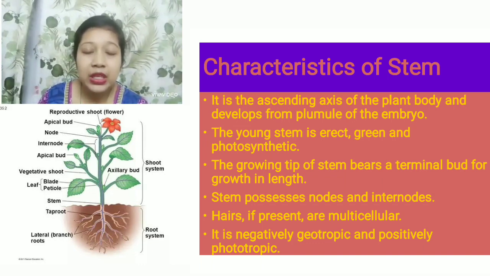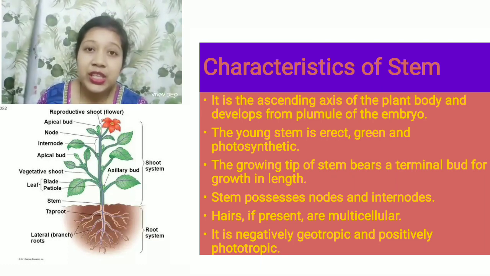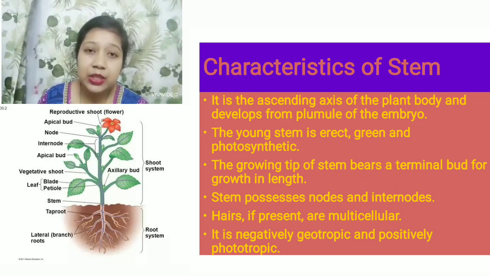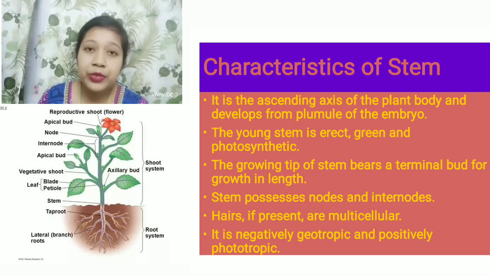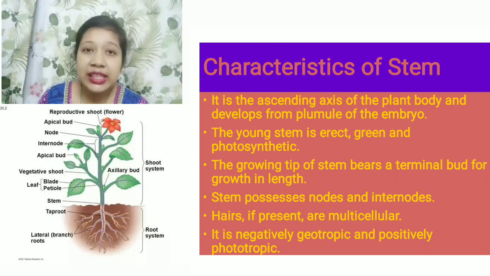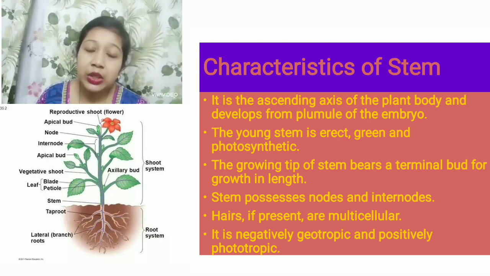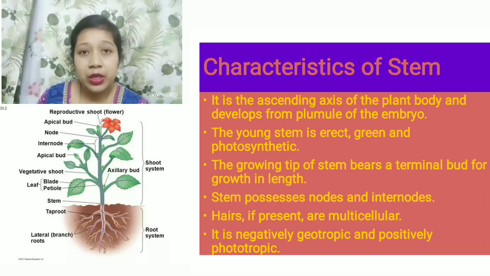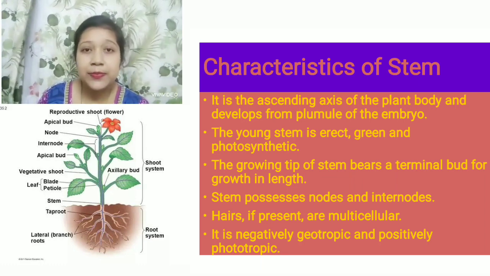So this upper compact part or condensed part of the stem, which bears the young leaves, is called the bud. The stem always bears a terminal bud through which the stem grows in its length. That means as the stem goes upward, the buds will come out, and these buds will give rise to the leaves or other branchings in the later stages.